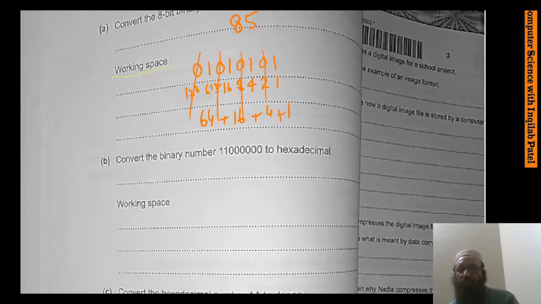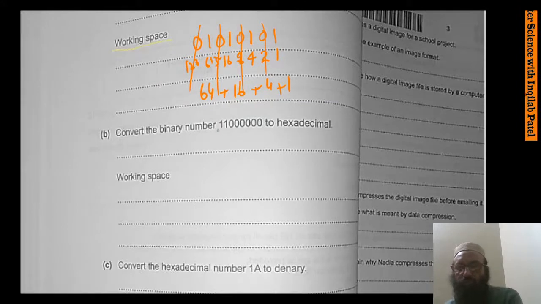Then we have another question in which we are asked to convert a binary number into a hexadecimal number. To convert a binary number into hexadecimal, we divide the number into nibbles. Nibble means 4 bits. We know that 0 and 1 are known as a bit, and 4 bits make a nibble.